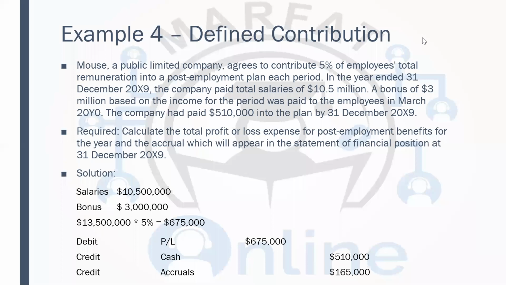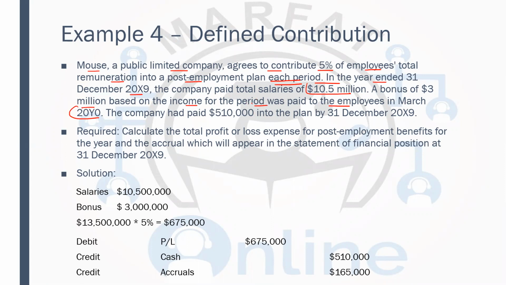Okay, now we have the example number 4, again, defined contribution. Mouse, a public limited company, agrees to contribute 5% of employees' total remuneration into the post-employment plan each period. In the year ended 31st December 20X9, the company paid total salaries of 10.5 million. A bonus of 3 million based on the income for the period was paid to the employees in March 20Y0.